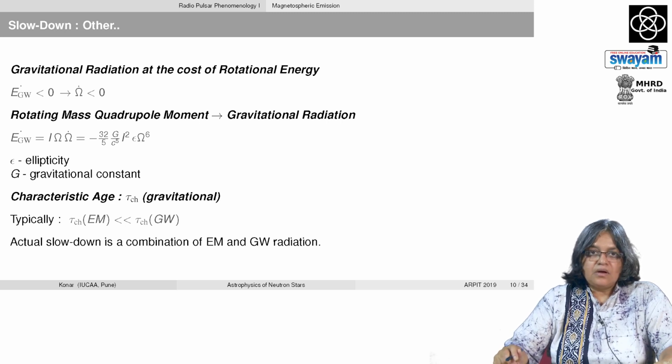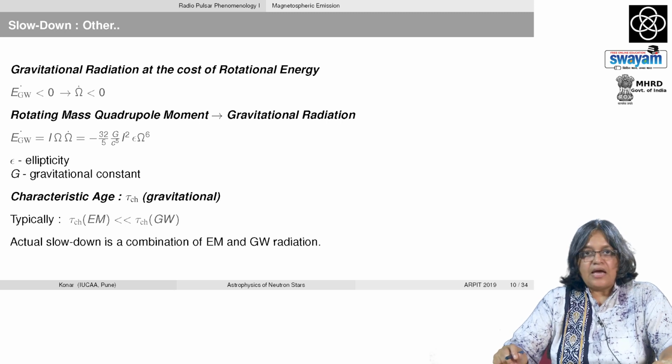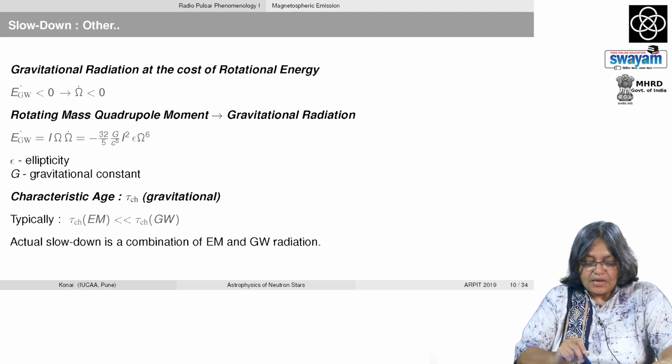Now, the existence of a rotating mass quadrupole moment gives rise to gravitational radiation, and if we calculate the E dot gravitational wave for that radiation, what we obtain is an omega to the power 6 dependence with the E dot.